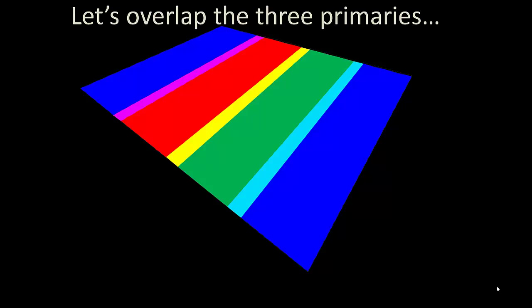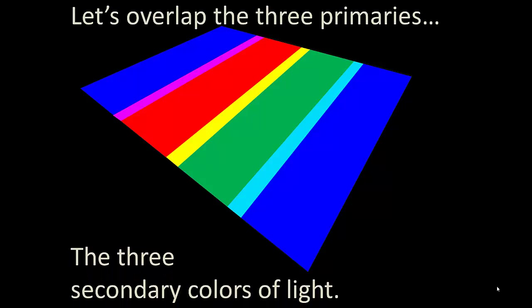These are the three secondary colors of light. So if you blend red and green, you get yellow. If you blend green and blue, you get cyan. If you blend blue with red, you get magenta.